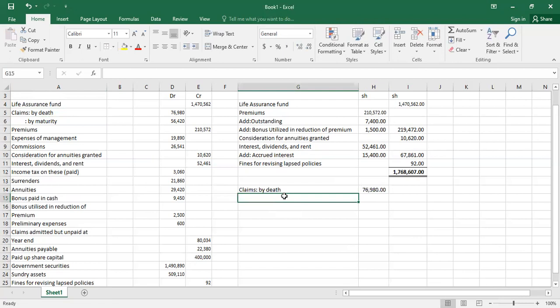Then I have the further claims that were intimated. They were 80,000. We can add further claims intimated. So I'll add the 80,000. The further adjustments.